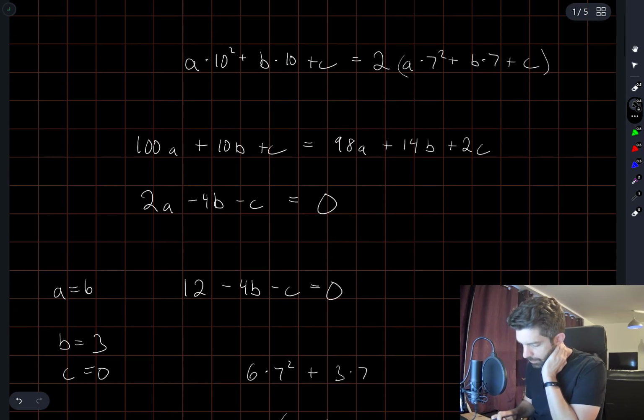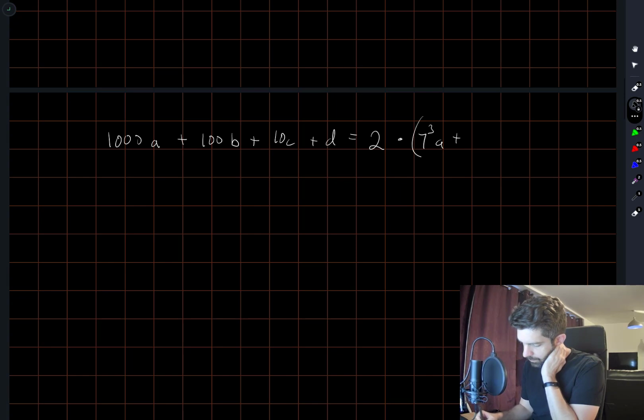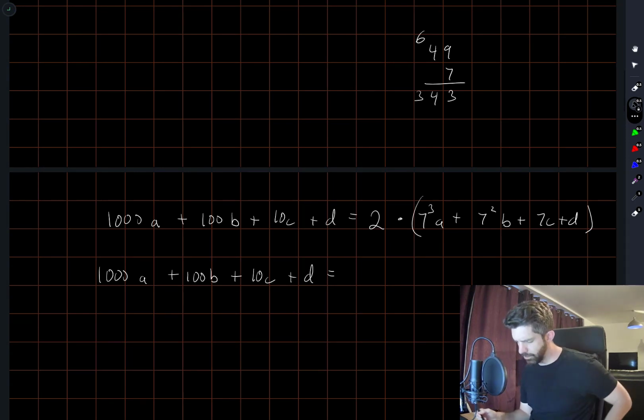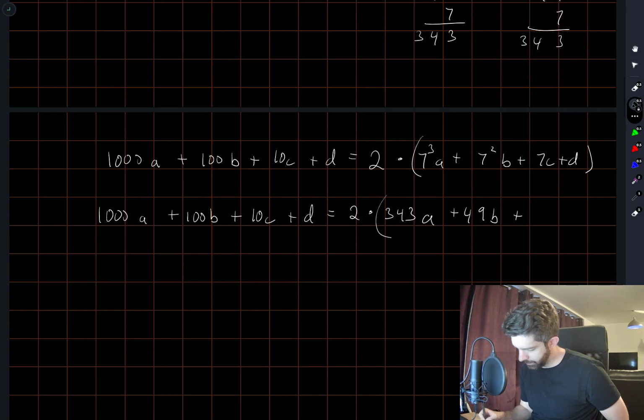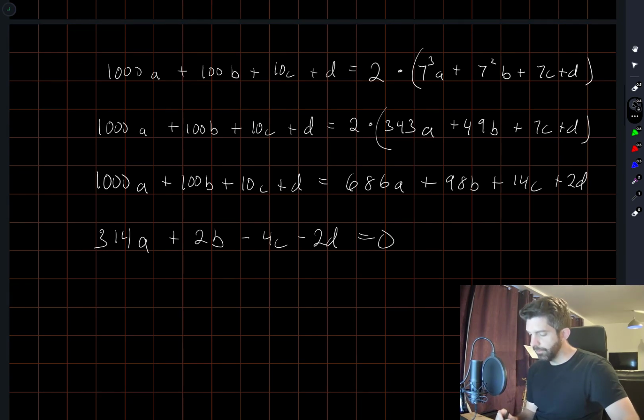So the corresponding relation here is going to be 1000A plus 100B plus 10C plus D is equal to 2 times (7 cubed A plus 7 squared B plus 7C plus D). 343, is that 7 cubed? 1000 minus 686.